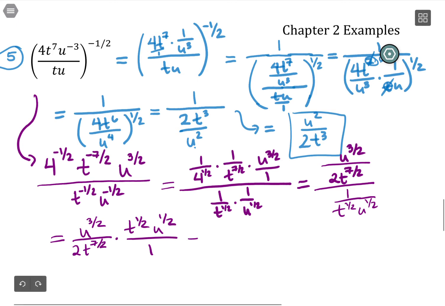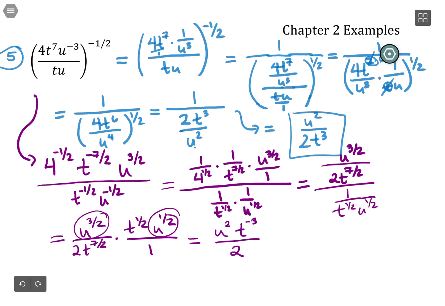On the top, u to the 3/2 times u to the 1/2, we add powers, so that's u to the 4/2, otherwise known as u squared. For the t's, t to the 1/2 minus 7/2 is t to the negative 6/2, which is t to the negative 3. And then all that would be left is the 2.